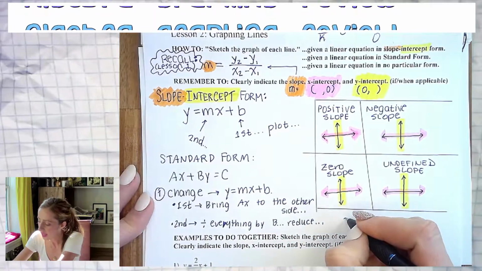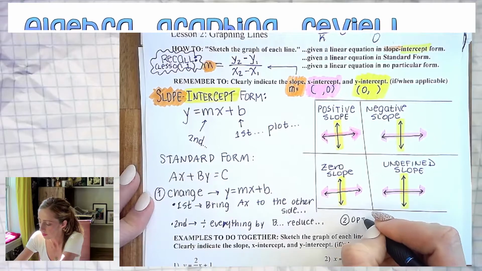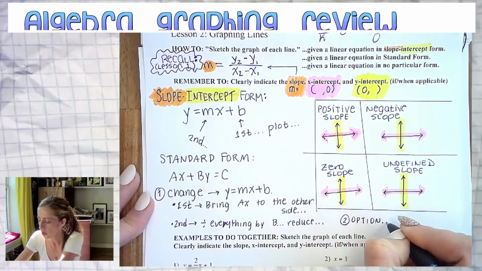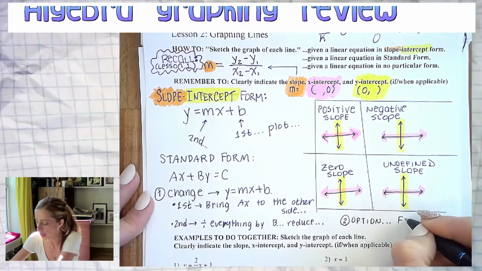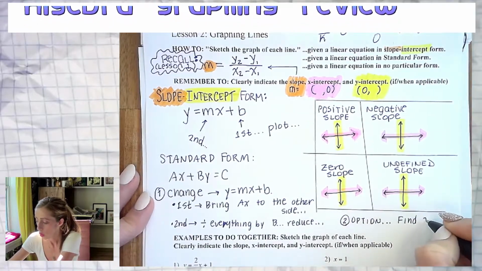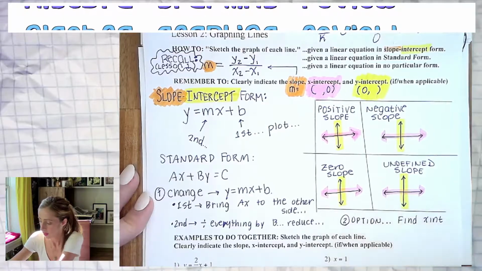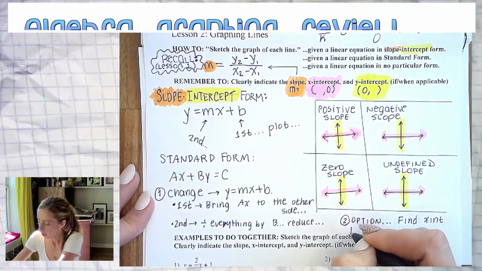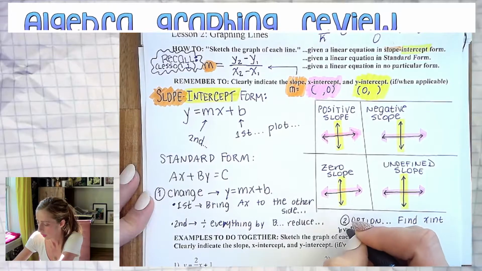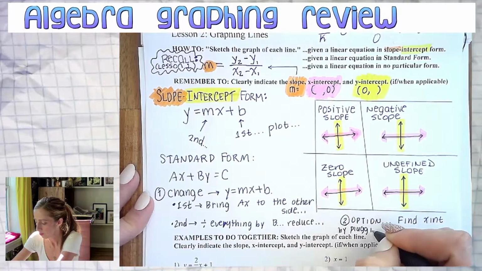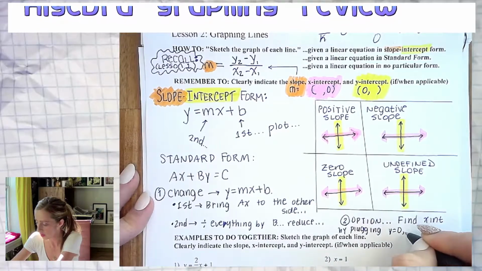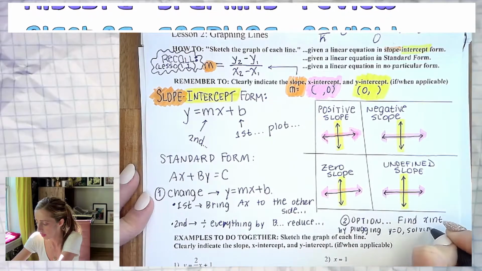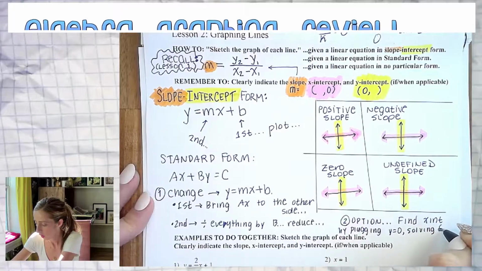The second option I'm going to show you while we do an example, but you basically find your x-intercept by plugging y equals 0 into the equation and then solving for x.